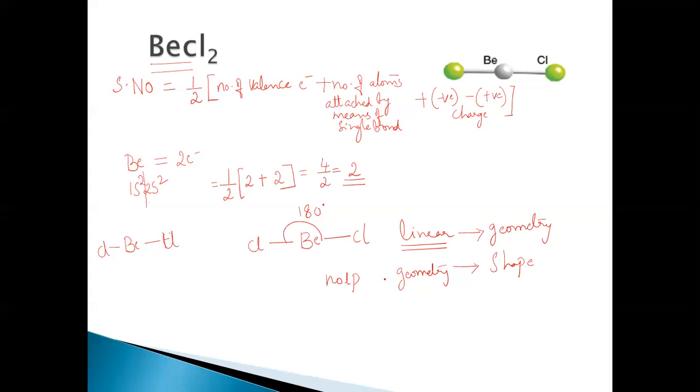But if there are lone pairs present on the central atom, then the shape is different from the geometry. In this case, as there are no lone pairs, just remember that BeCl2, when the steric number is 2, is linear in shape. When we come to lone pairs, in my next example, I'll tell you how to deal with this.